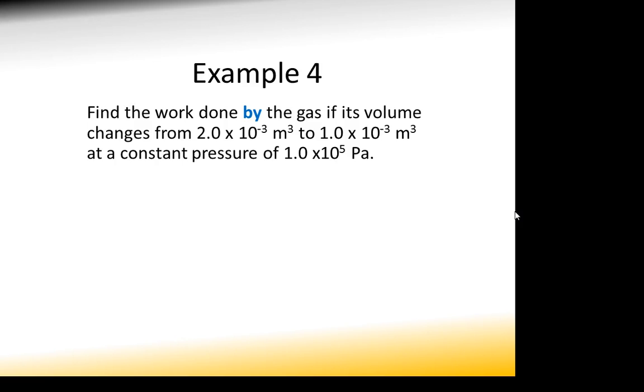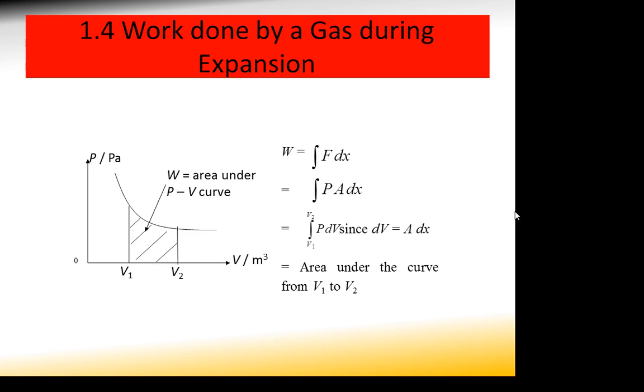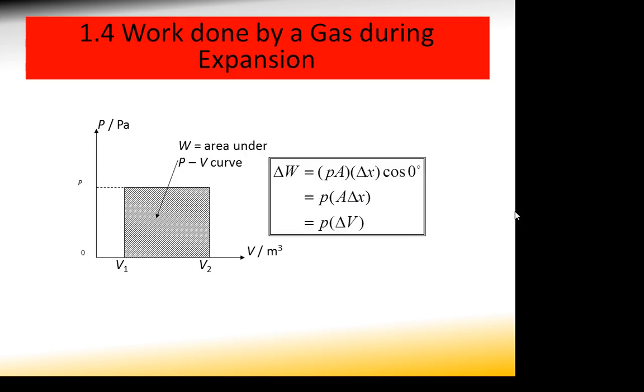So let's have a question. This question is a bit tricky. Let me guide you through it. Find the work done by the gas. Here I said the work done by the gas as it expands from V1 to V2, so V2 is bigger than V1.